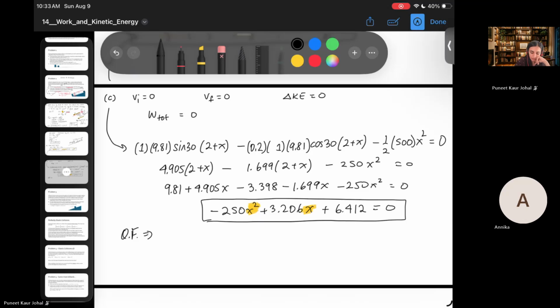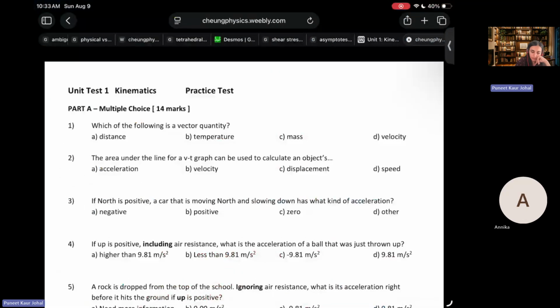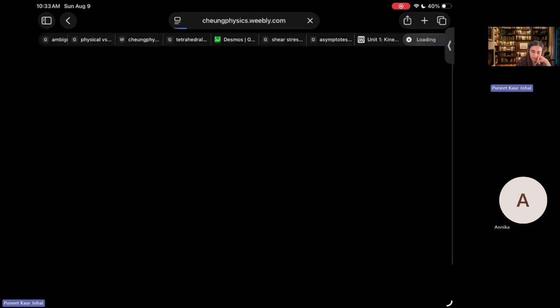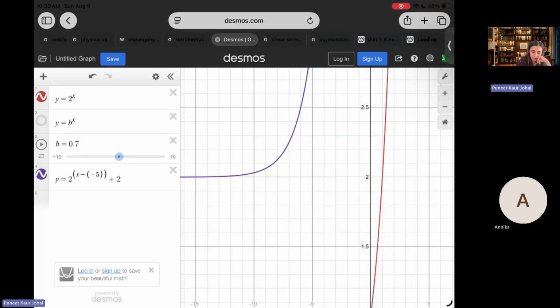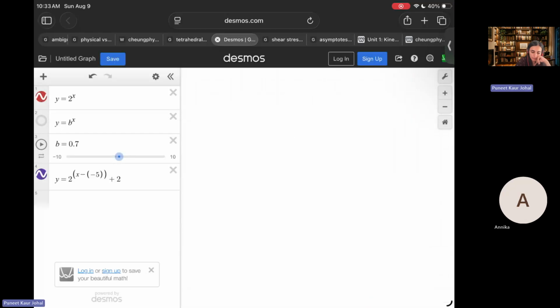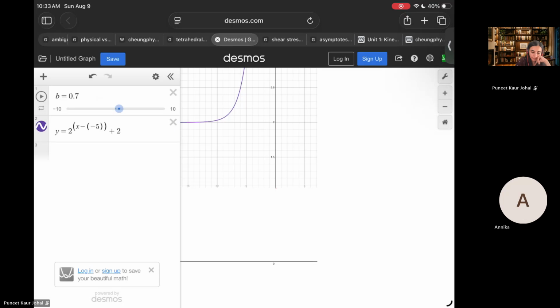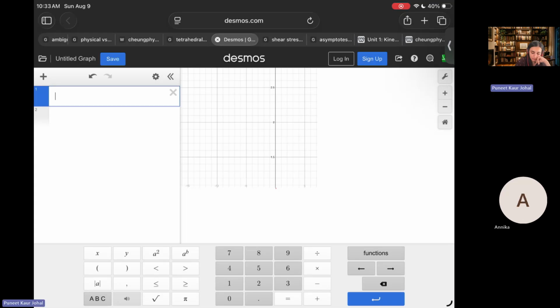I'm going to put this equation in Desmos, and we're going to see what x-intercepts we're getting. So negative 250x squared, what did I have?